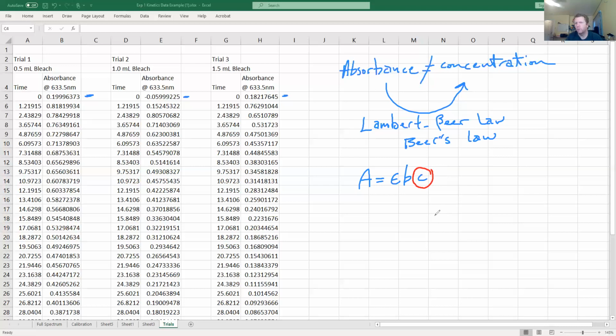And once we rearrange the equation, I'll talk about what each value is. A is equal to, and then we're going to divide each side by epsilon B. And if you remember, B is 1 centimeter, and epsilon is our molar absorptivity constant.